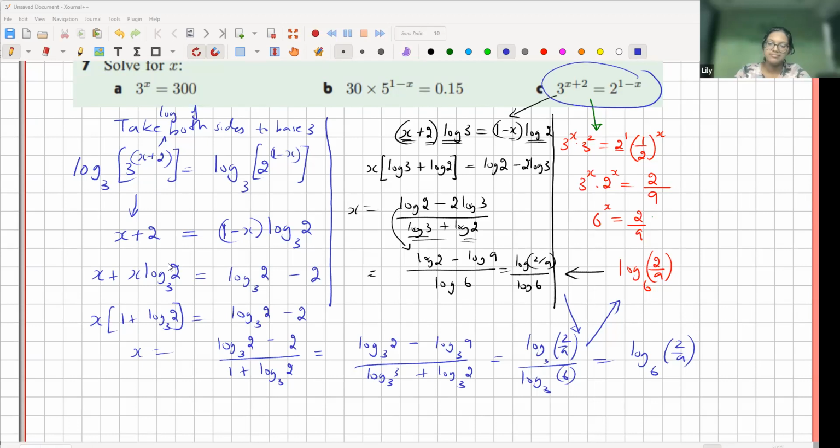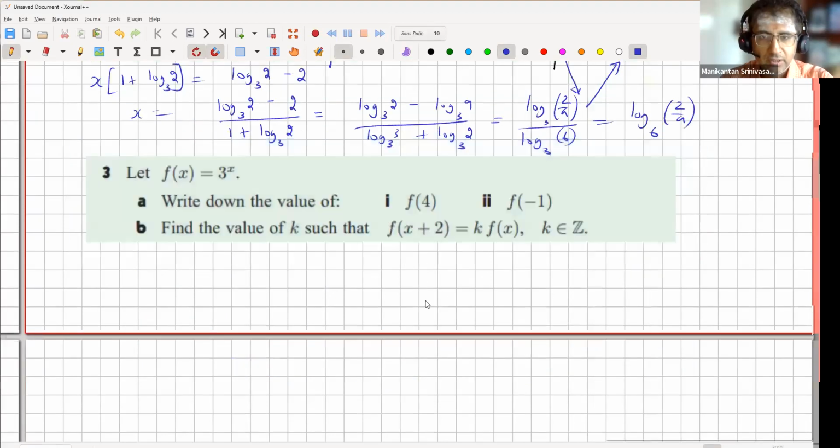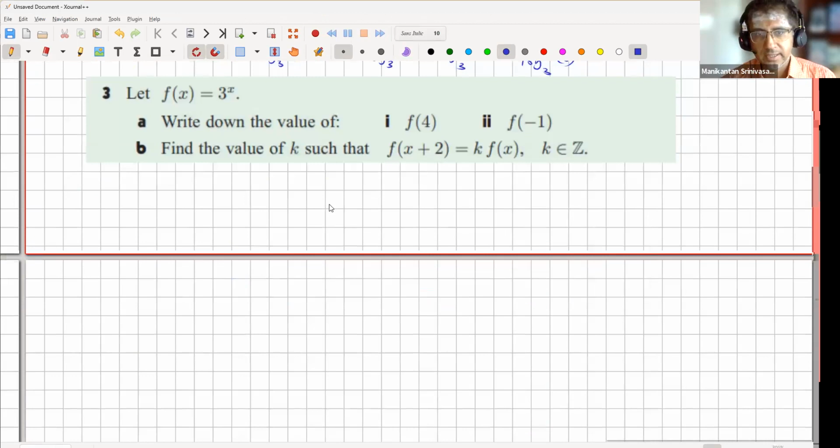Okay. All right. Exercise 3A, page 119. Can we do 3B? I'll put it up here as well, but you also should have it in your text. F of x equal to 3 power x.